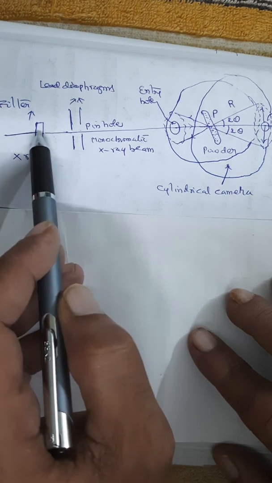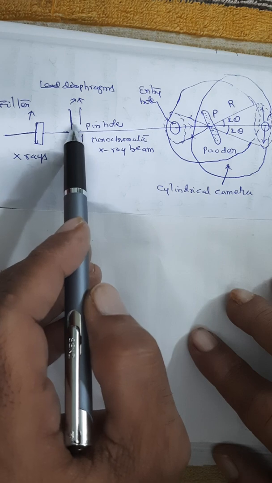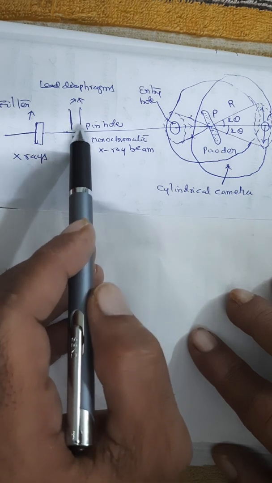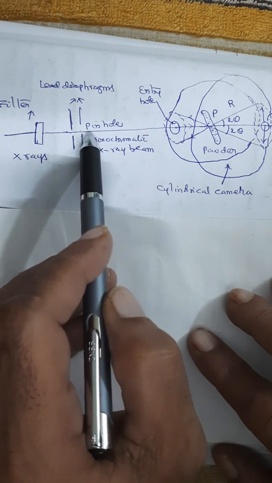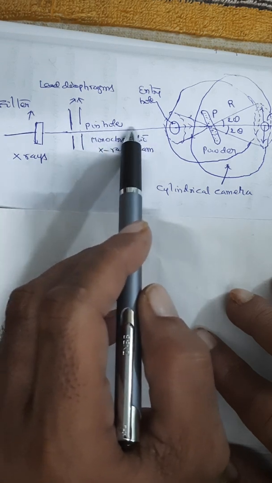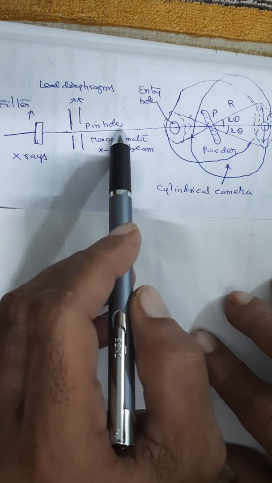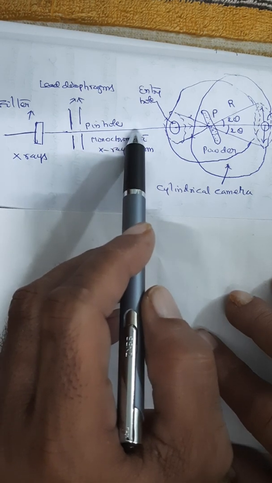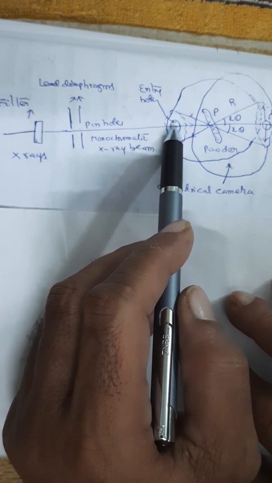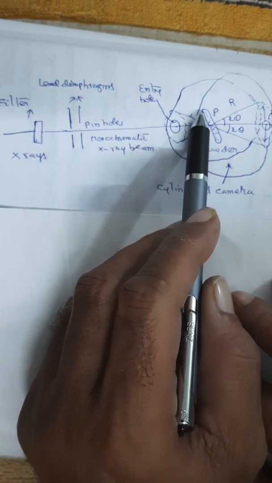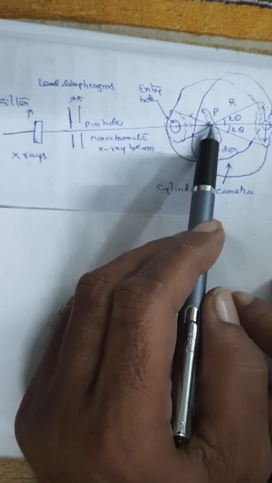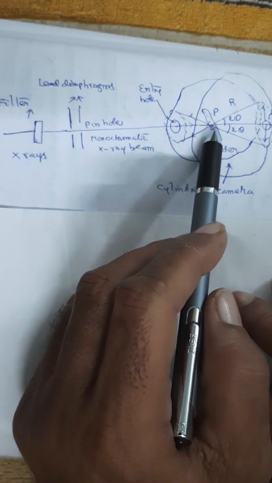After passing through the filter and then through the pinholes of the lead diaphragm, they produce a fine beam of monochromatic X-rays. This fine beam, after passing through the entry hole here, falls on the capillary tube P, in which the powdered form of crystals is available.